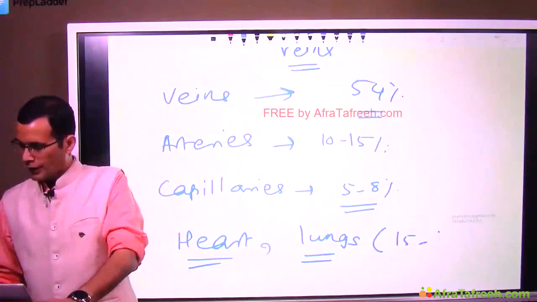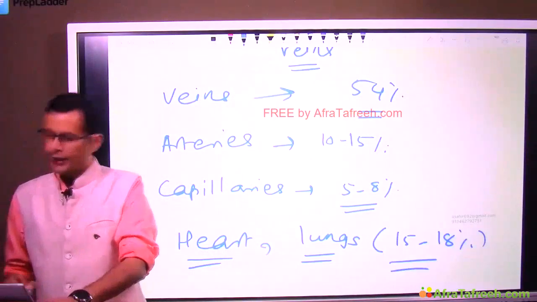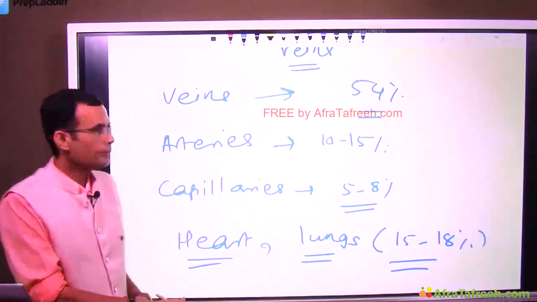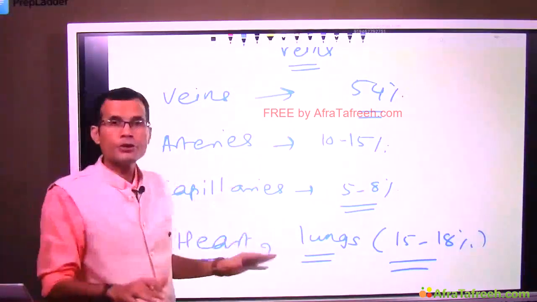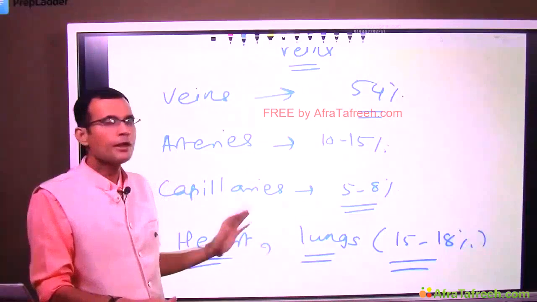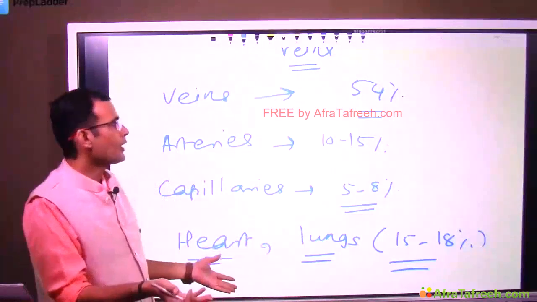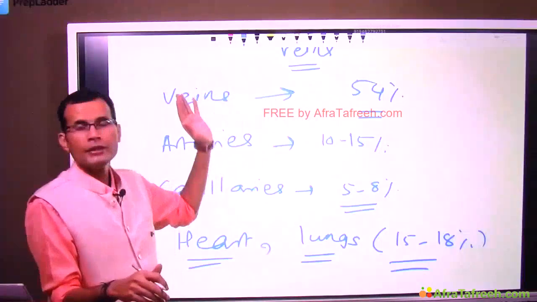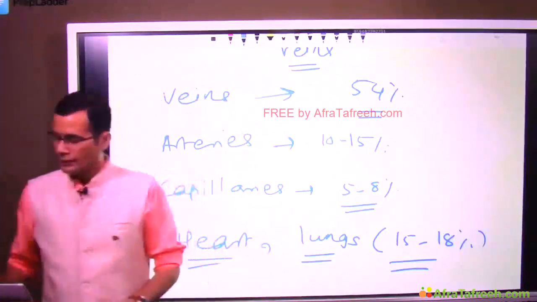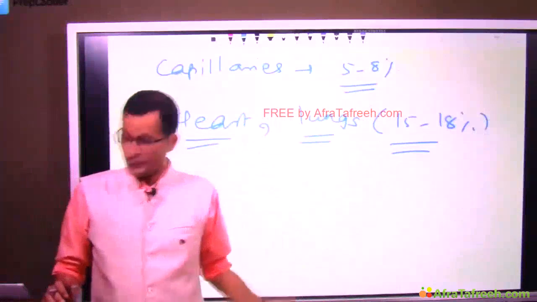Pulmonary circulation can accommodate 15 to 18% of the total blood volume. So this is the distribution of the blood volume in different segments. But you can see that more than half is in the venous compartment, and they are called capacitance vessels.